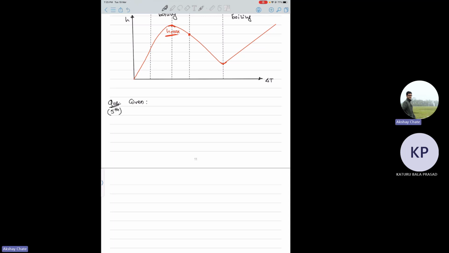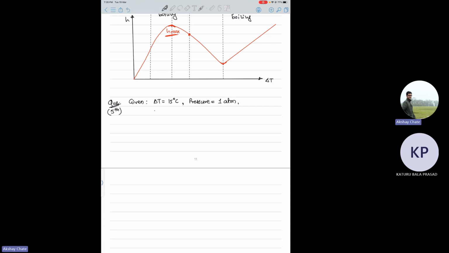In this problem, they have given you the excess temperature, so that is your delta T of 15 degrees Celsius. And they have mentioned that the pressure is atmospheric, so that is also there. I don't know whether it is important information for problem solving or not, but it is otherwise important information.